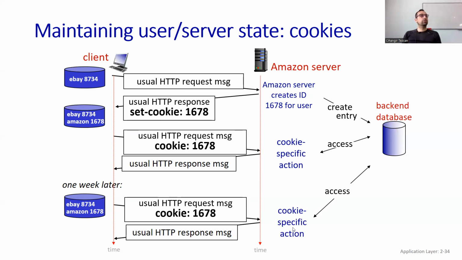Now Amazon knows who you are because they get this number, go to the database and know who you are and respond accordingly. Because in the past week, maybe you bought something or visited some items but didn't buy them. They know it, so now they will show you a web page depending on your previous actions. So there's a state. This is the idea.